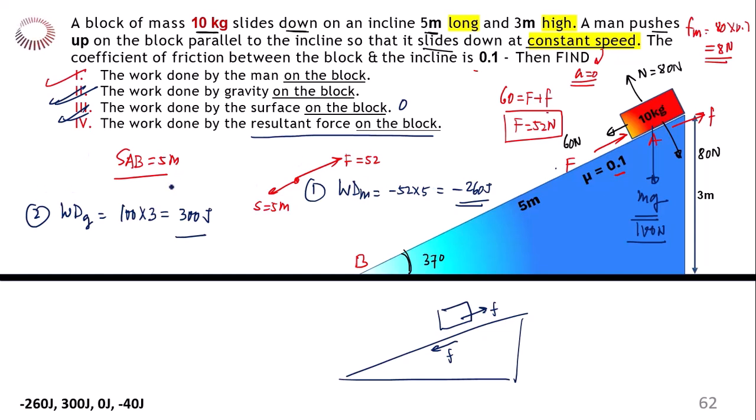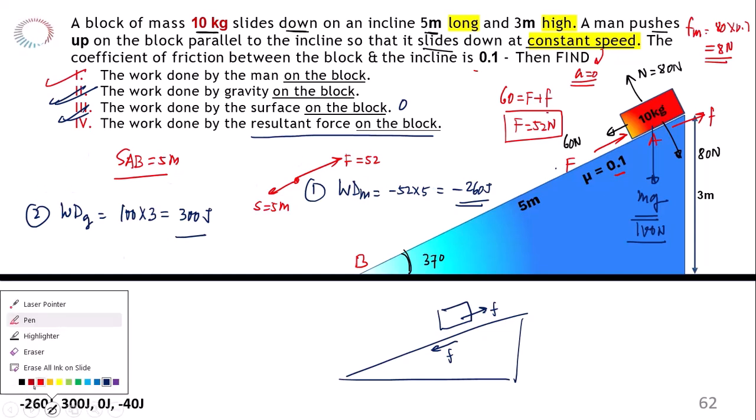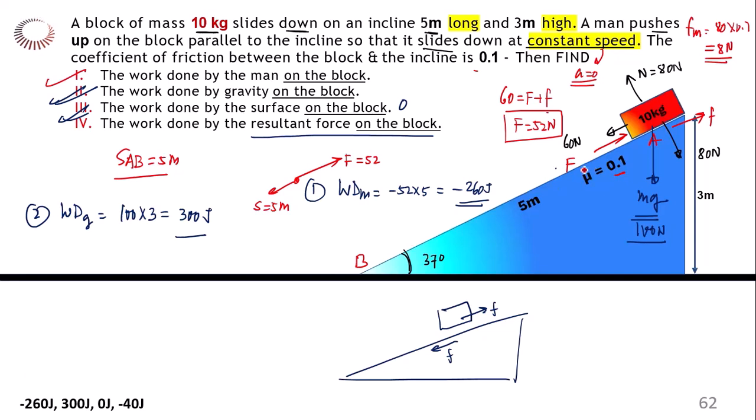I have already calculated the work for capital F and the work for mg, and friction is not doing any work. So net work should be equal to work done by gravity plus work done by man. So 300 minus 260, that is 40 joule. That is your answer. So work done by the resultant force is 40 joule.